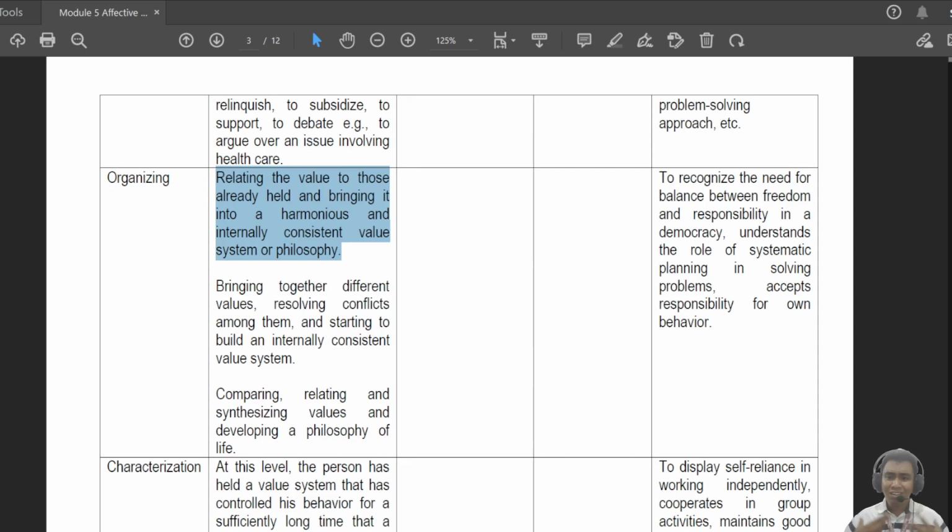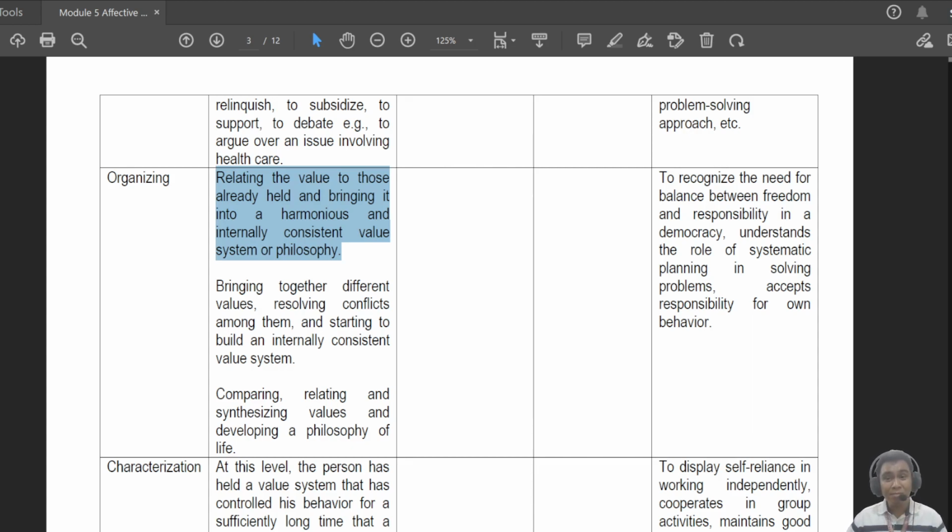When your students internalize those conflicts, they try to build, okay? They try to complete an equilibrium between what they already know and the new thing that they have learned, okay? Once these two clash, there will be a new system that will arrive, okay? It's either may incorporate yung bago, mangingibabaw yung luma, or mangingibabaw yung bago.